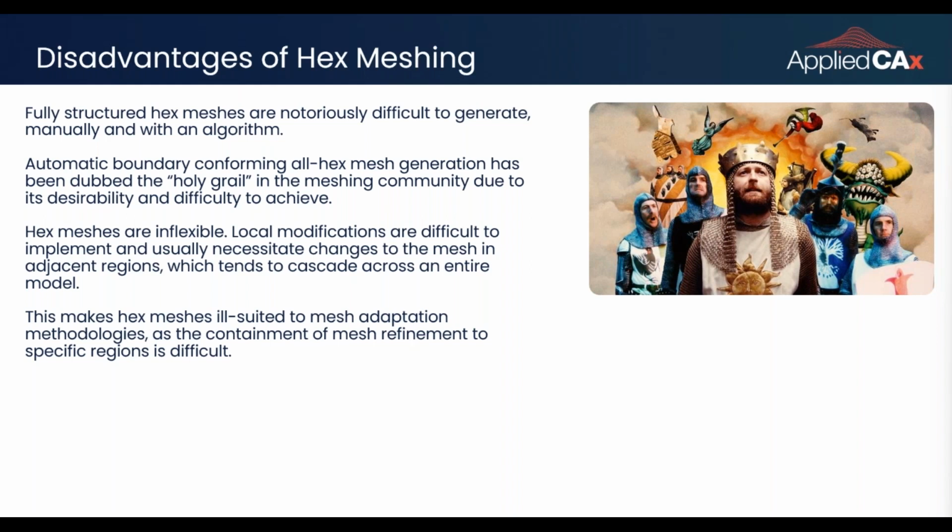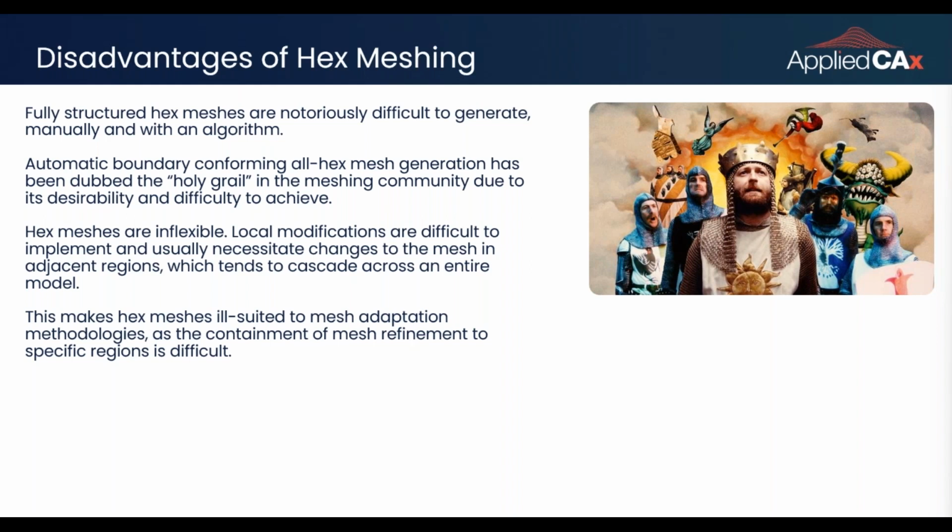There's a joke that automatic boundary conforming all-hex automation has been dubbed the holy grail because it's so difficult but so desirable to achieve, just due to the speed and accuracy of the hex element in general. As Adrian was showing, things are getting a lot better, but in general, hex meshes are fairly inflexible. A local modification in one area is usually going to necessitate changes to the mesh in adjacent regions, which tends to cascade across the entire model.